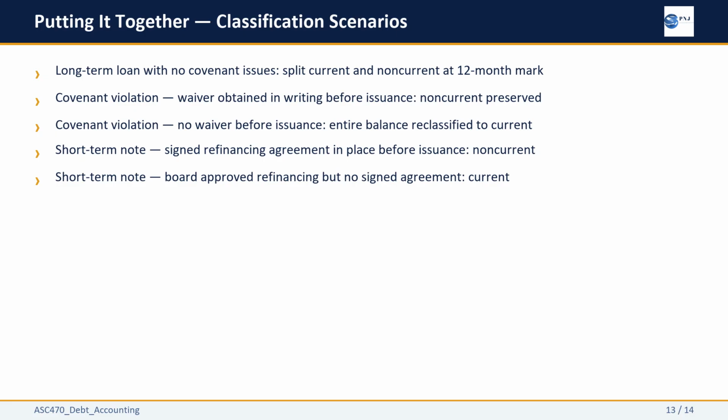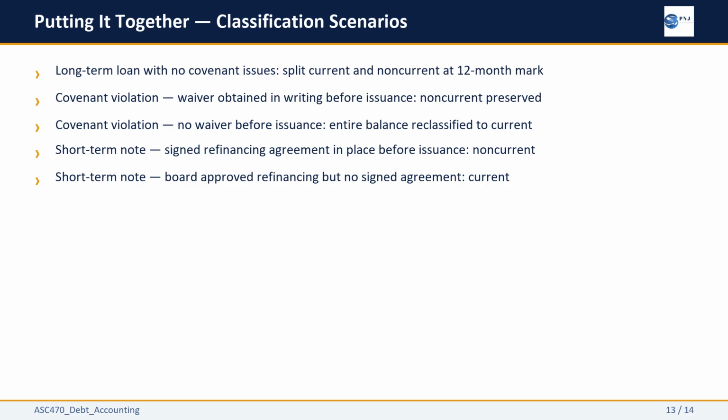A standard long-term loan with no issues, straightforward split at the 12-month mark. A covenant violation where you secured a written waiver before issuance. The debt stays non-current. A covenant violation with no waiver. The entire balance moves to current. A short-term note where a binding refinancing agreement was signed before issuance.